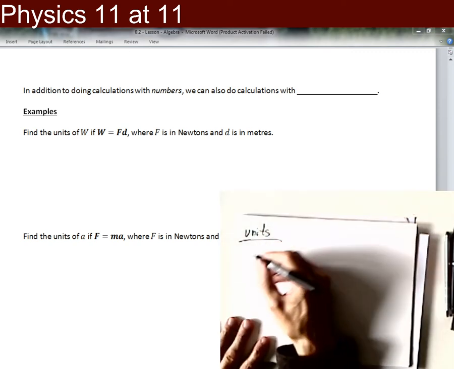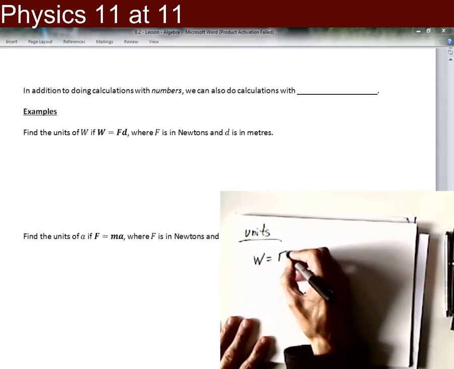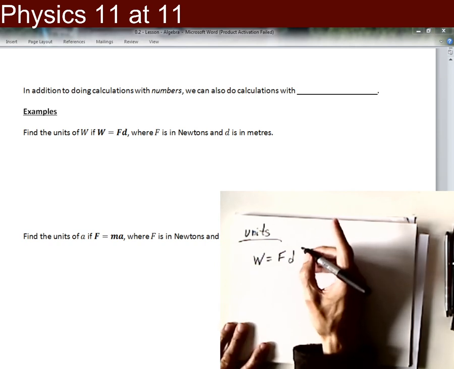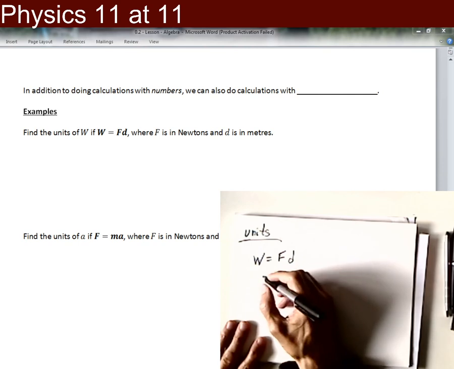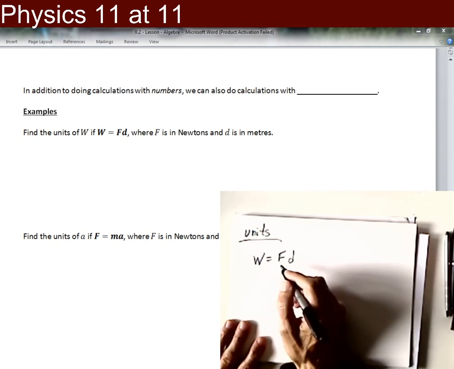So let's check this out. How does this work? Well, we have this formula here, which I know what it is, but you don't yet. It's in week 3.5 or so. What we want to do is get the units for W. Not the number answer or anything, the units.